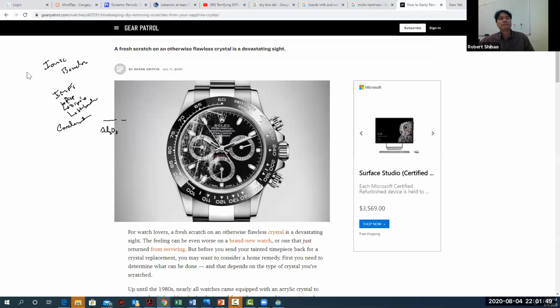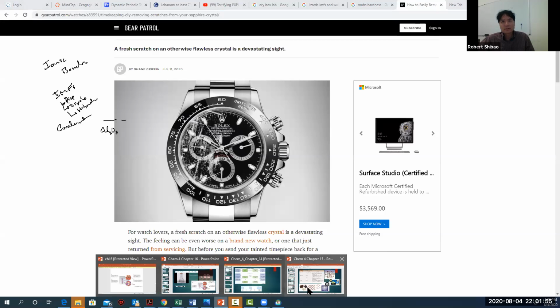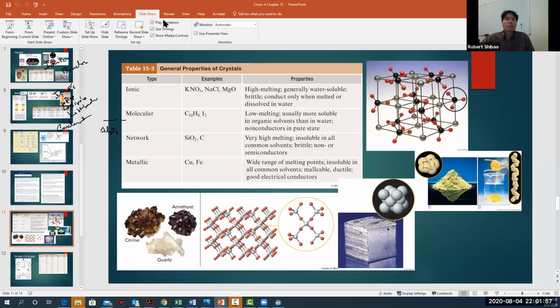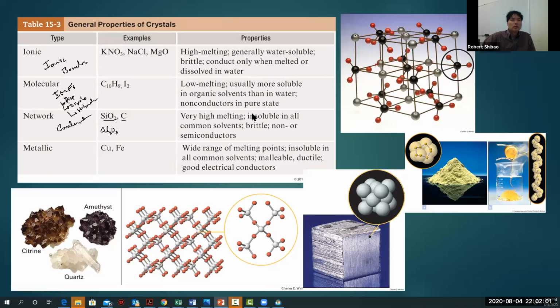But anyway, let's go back to this. Quartz scores a 7 on the hardness scale. Diamond scores a 10. Aluminum oxide scores a 9. But they're all very high melting.